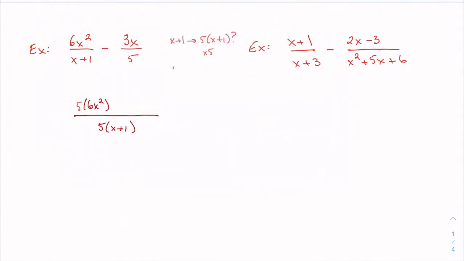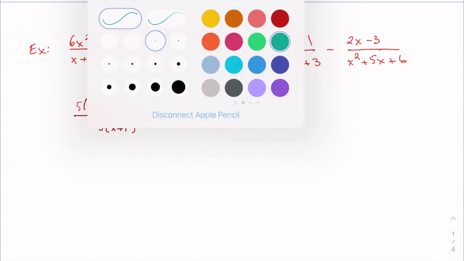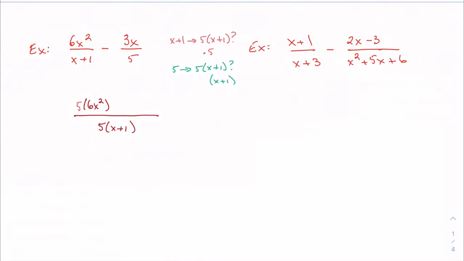Likewise, what do I do to 5 to get to 5 times x plus 1? It's multiplied by x plus 1. I realize these multiplication x's are starting to get a little bit confusing, so let me switch to the dots real quick. So we're going to multiply by x plus 1 times 3x. Operation is subtraction, so that's going to come down.